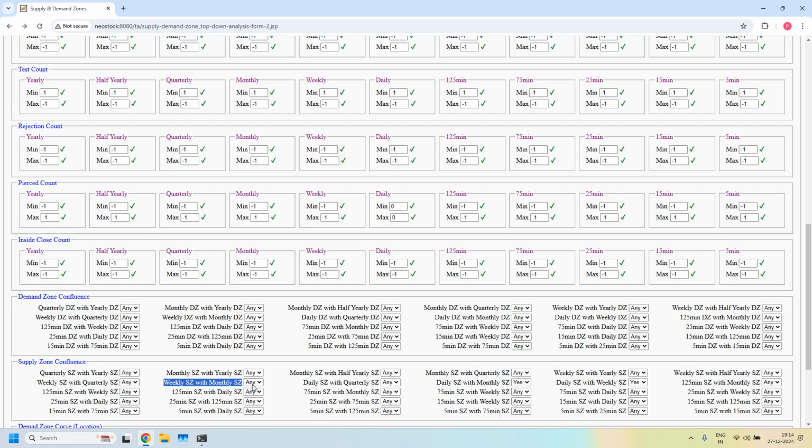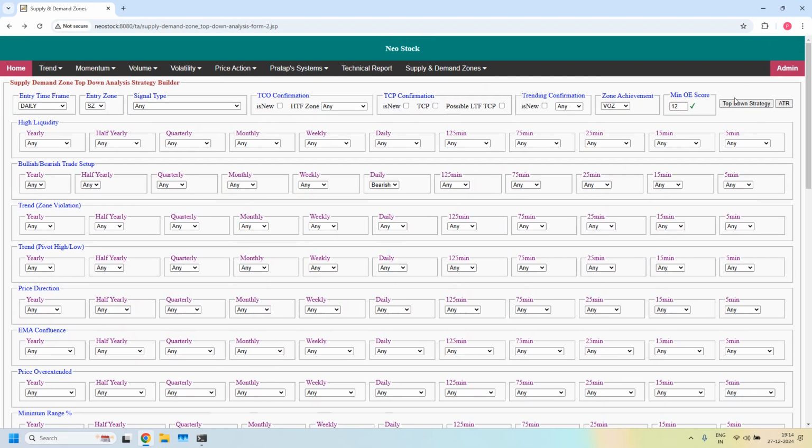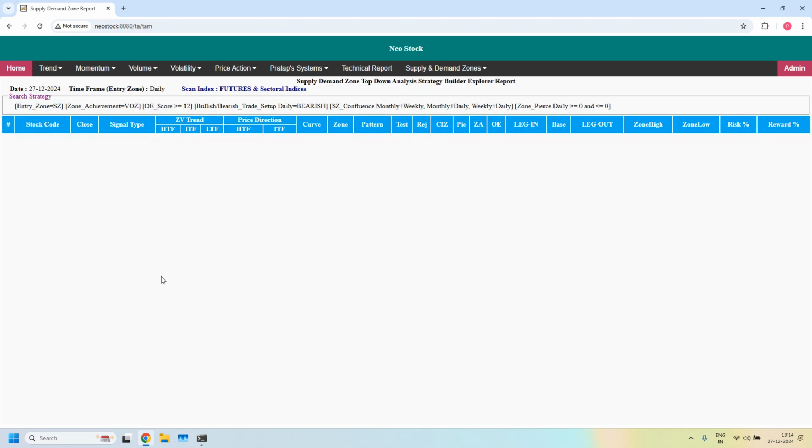Third filter, weekly supply zone with monthly supply zone confluence. With all three filters, LTF, ITF and HTF supply zone confluence, the stock is not filtered. So anyway, that is a very high probability trade setup supported stock, because that is having ITF confluence and also ITF EMA confluence. Zone and EMA, both the confluences it is having.